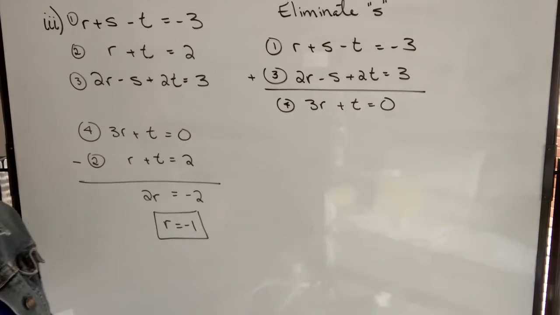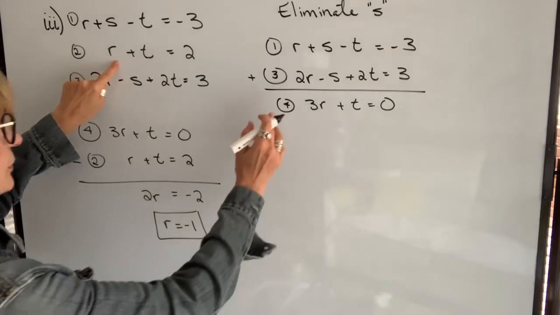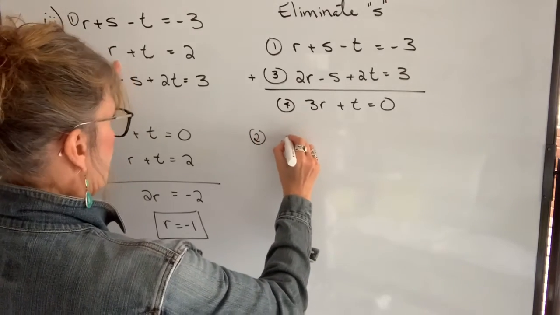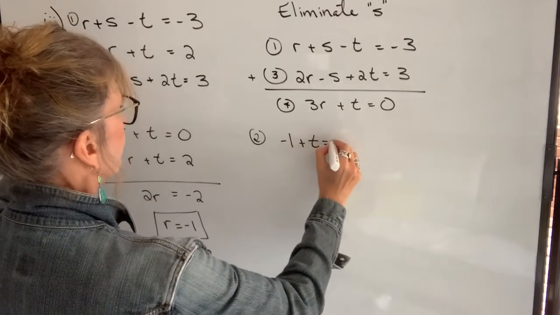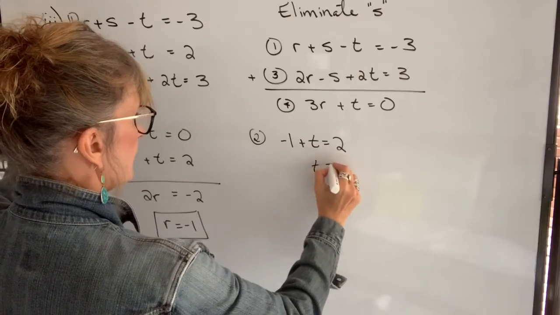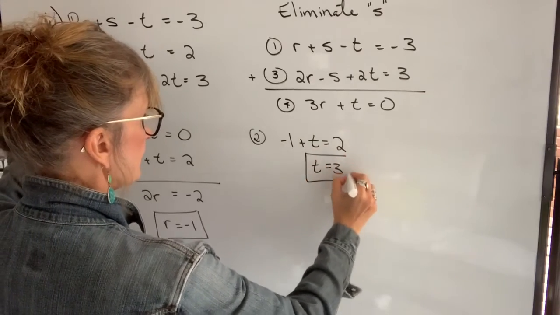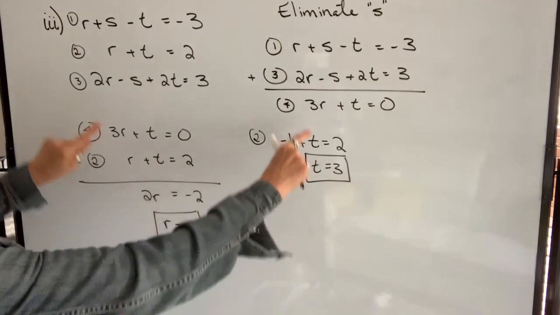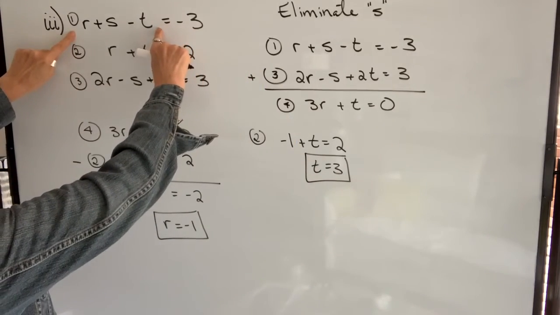Once I have r equal to negative 1, I can put it into equation 2 or 4. I'll pick equation 2 and solve for t. Add a 1 to both sides. So t is equal to 3. Once I have r and t, I can go to either equation 1 or 3.